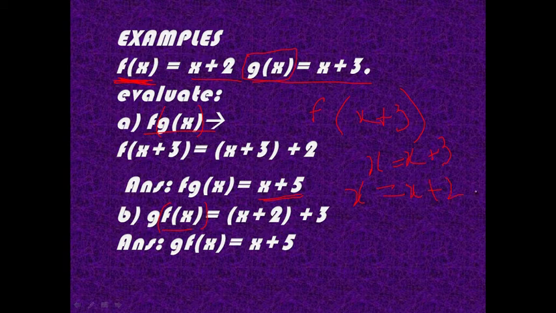Simple. Now you get x plus 2 in every place where there was x. Now x plus 2 plus 3 is again x plus 5. So the answer is the same: g of f of x is equal to x plus 5.